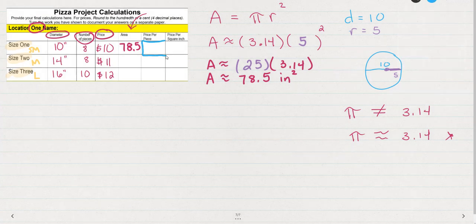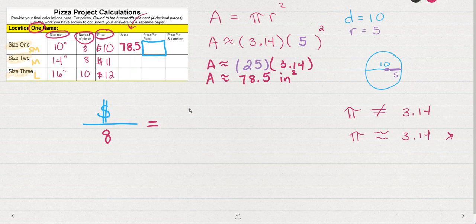The price per piece. I'm looking for a price, so I'm going to have a price in the numerator, and we're doing the price per piece, so what I'll divide by is the number of pieces.